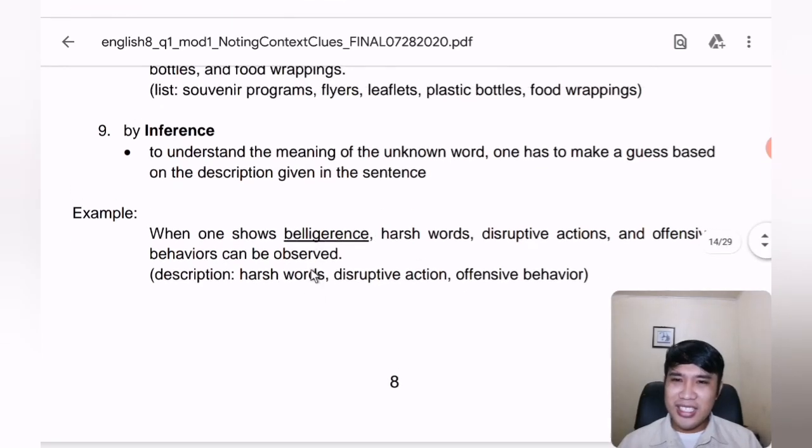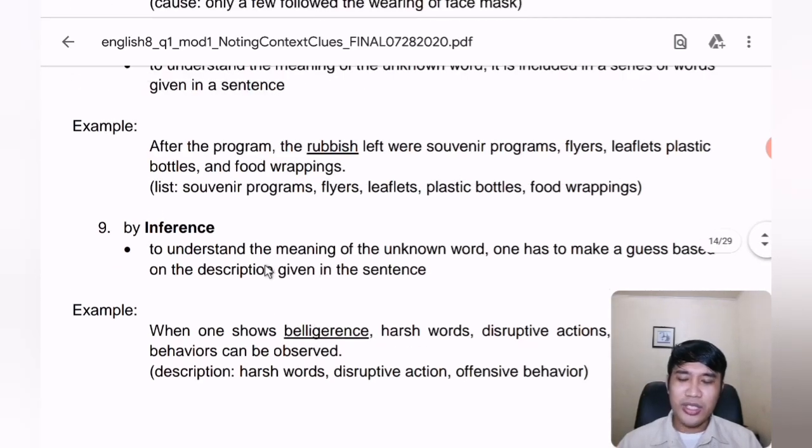So you see guys, these are just 9 of the types of context clues. At first it may be challenging to identify and analyze the meaning of the unfamiliar words using context clues, but it could be fun. And if you do it on a regular basis, you will certainly enjoy it.